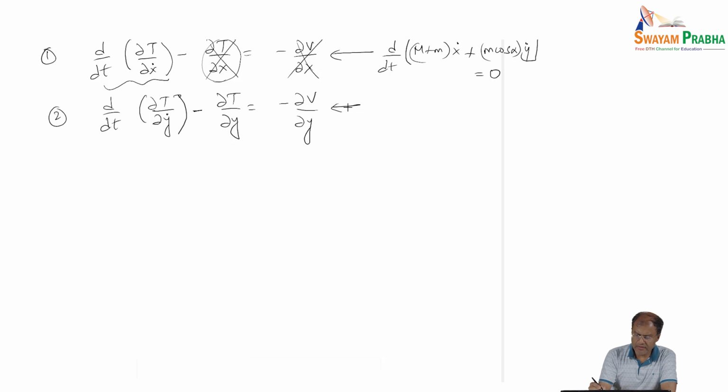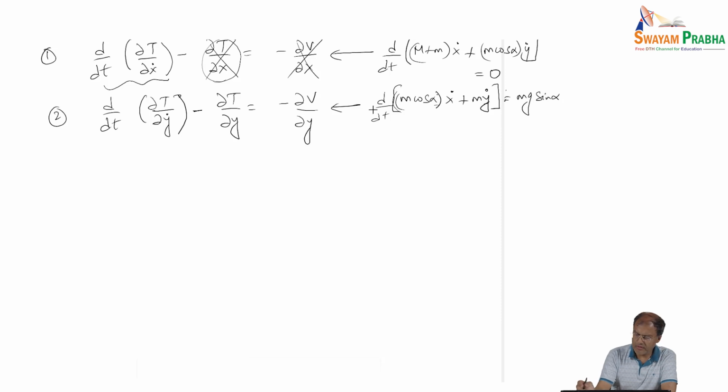The next thing is we start plugging in for the y relation. The y relation will be d/dt of this whole quantity, this time with respect to y. So this will be m cos alpha x dot plus m y dot, and this is equal to mg sine alpha.